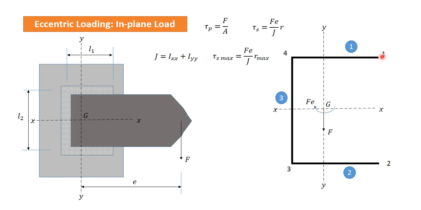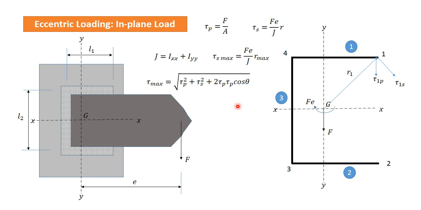Let us consider these four points where the distances are likely to be maximum, and we can see clearly that the distance is maximum at point 1 and point 2. At point 1 the primary stress is this, and the secondary stress is this, which is perpendicular to this position vector r1. We can find the resultant of these two stresses using the parallelogram formula.